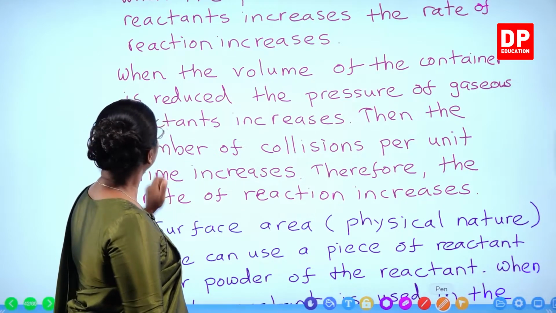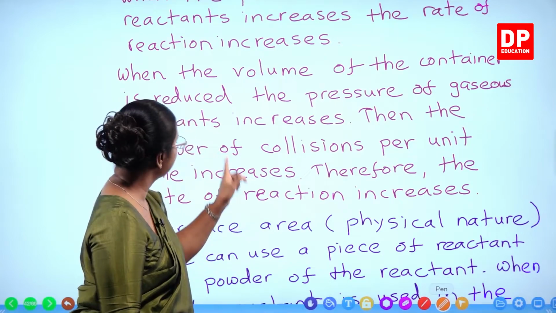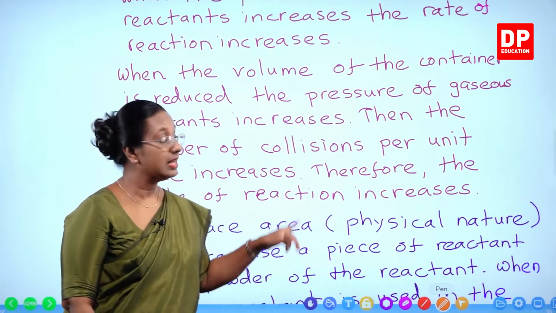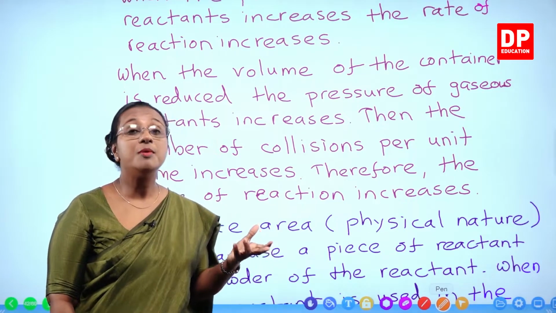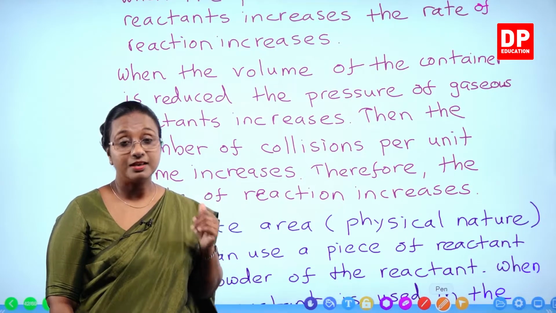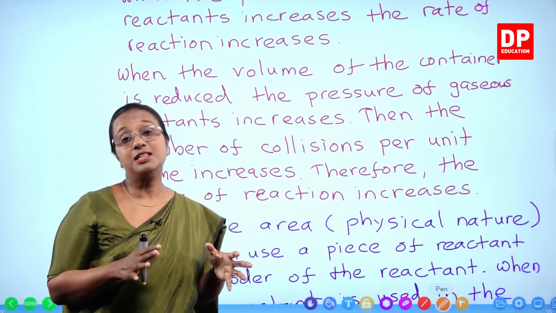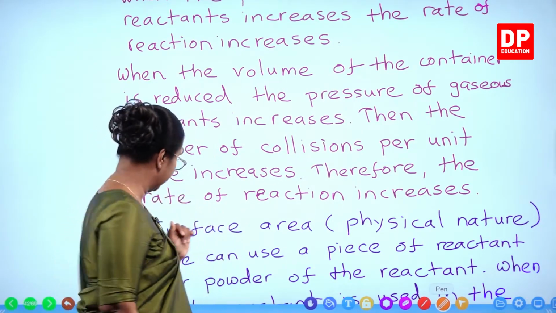When the volume of the container is reduced, the pressure of gaseous reactants increases. Then the number of collisions per unit time increases. Therefore, the rate of reaction increases. So that is how pressure affects the rate of reaction of gaseous reactants. That is the pressure inside the container, not the pressure outside.